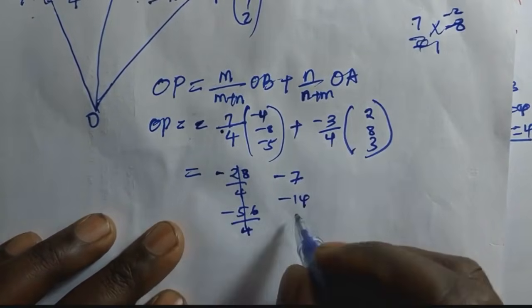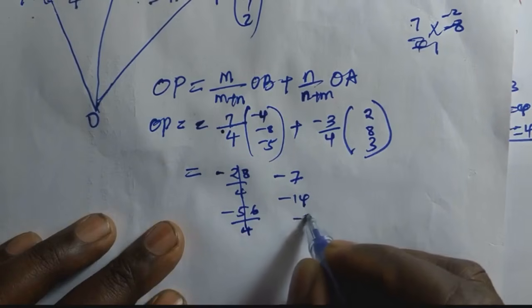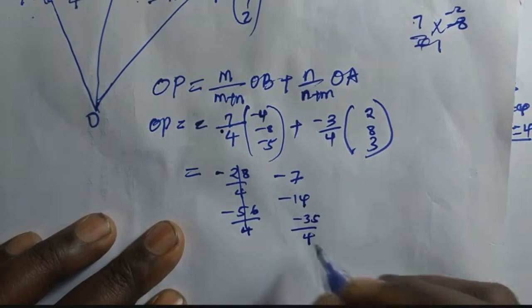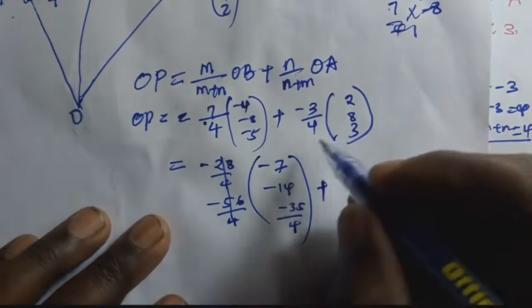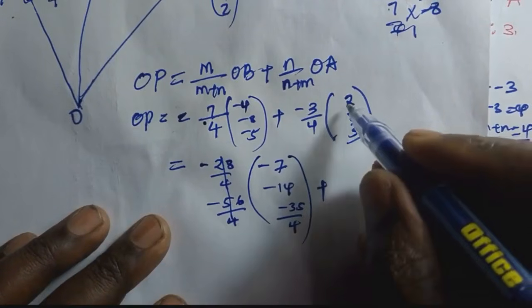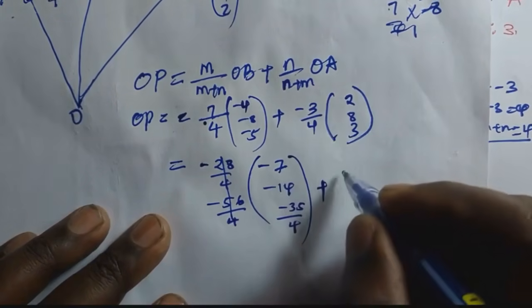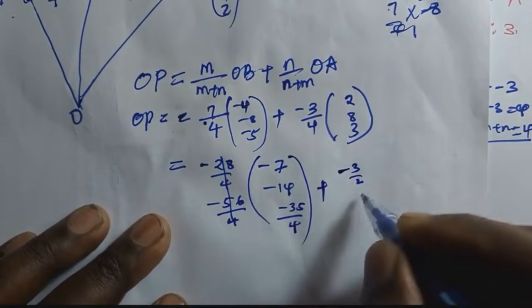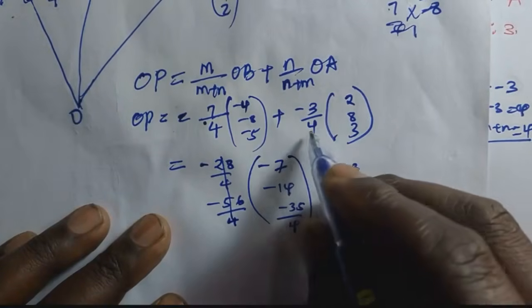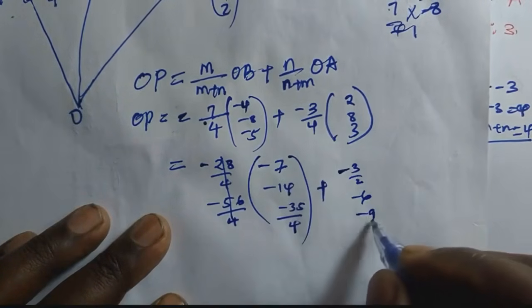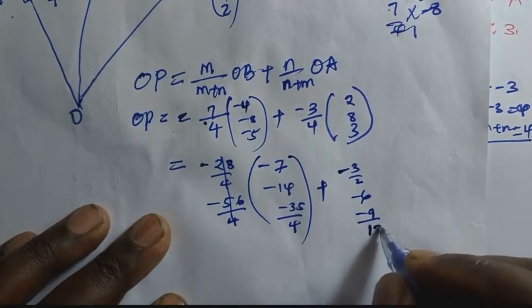And this one will be negative 35 over 4. That one does not cancel out. This one plus this one goes there, it will be negative 3 over 2. This one will go there twice, negative 6. This one will be negative 9 over 12 over 4.